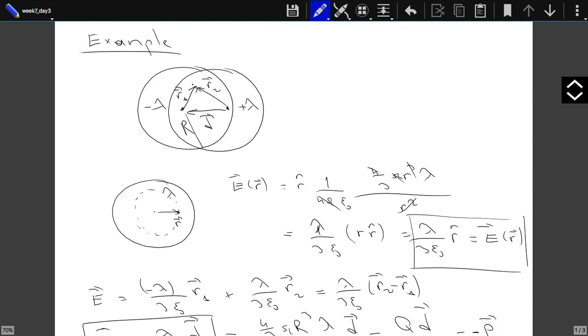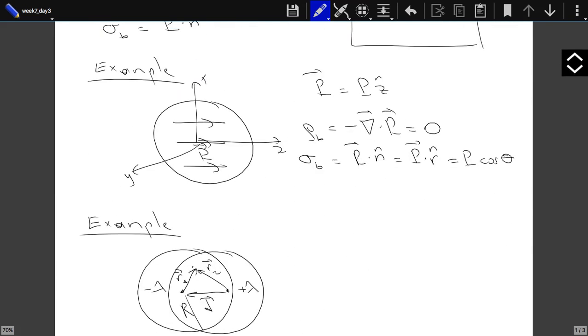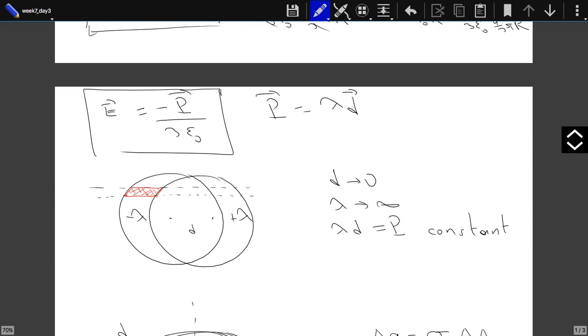So this problem of a uniformly polarized sphere is exactly the same thing as these shifted spheres. From a physical point of view, they are also exactly the same, because a uniform polarization you create by an external electric field, and what an external electric field does is it just shifts the negative charges in one direction and positive charges in the other direction. That is what the electric field will do to polarize the medium. It's exactly this problem.